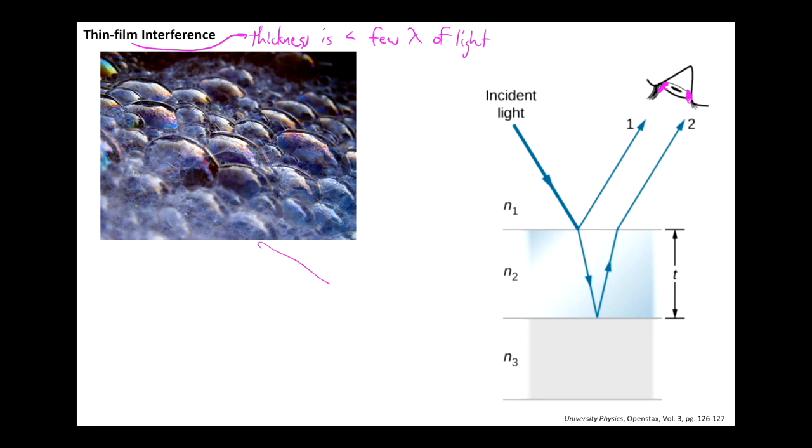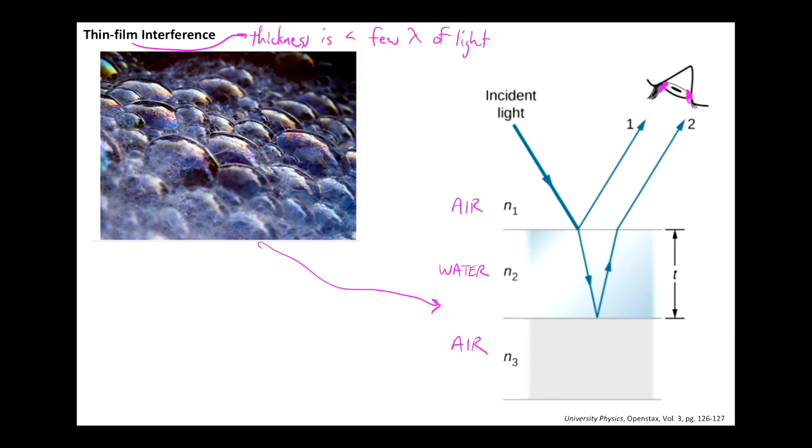So if we were to represent this over here, we're talking about the index of refraction on the top being that of air, the index of refraction in the middle being that of water, and then N3 is once again air. Okay? Air, water, air. Soap mixed in with water doesn't change the index of refraction significantly enough for us to discuss it.